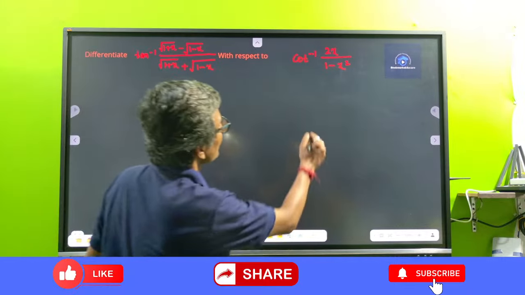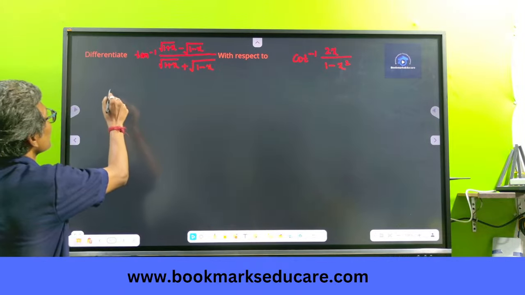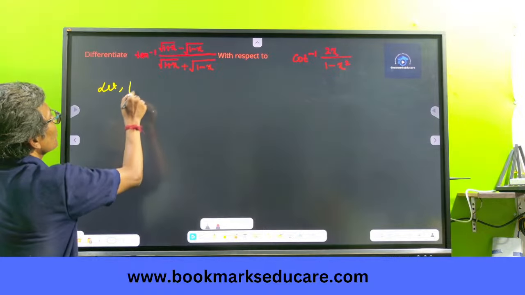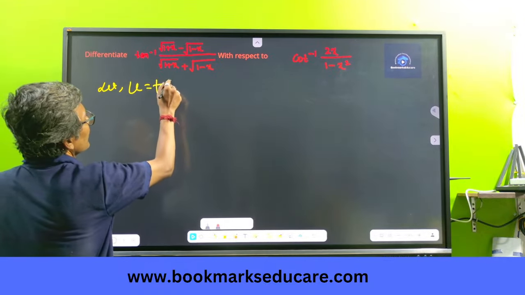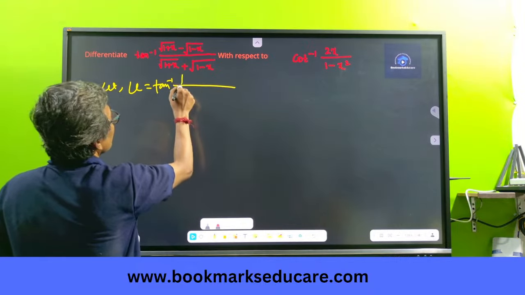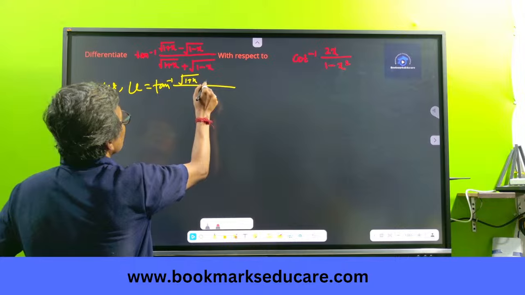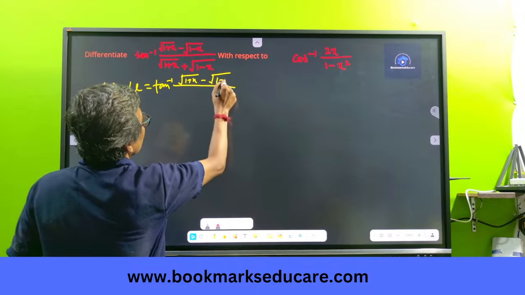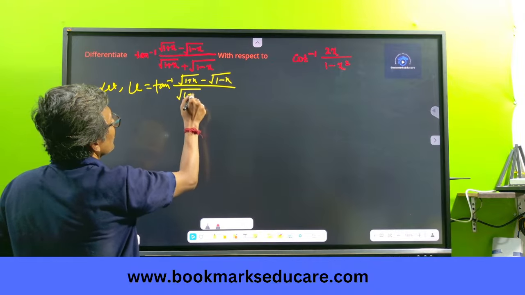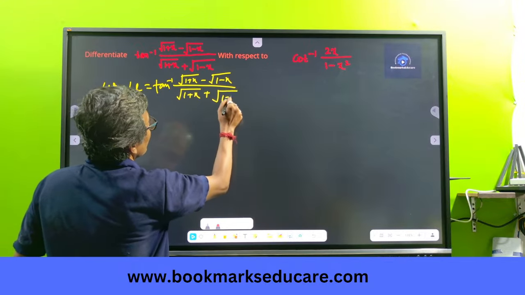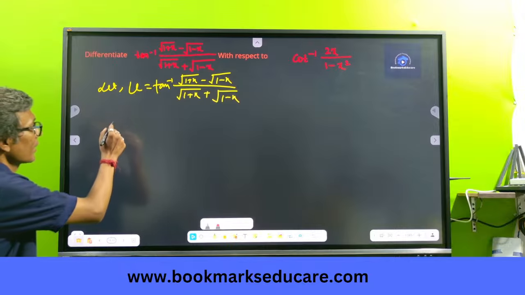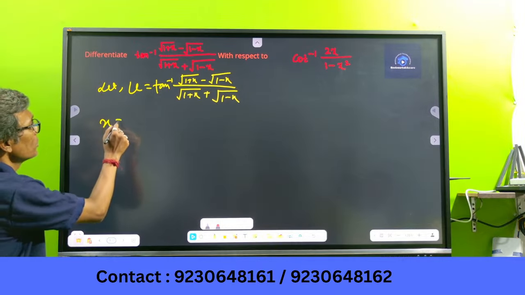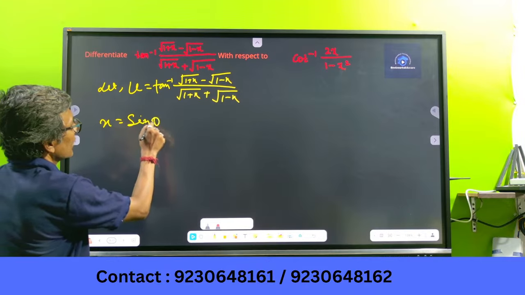So let u is equal to tan inverse of that expression. Let us assume x is equal to sine theta.